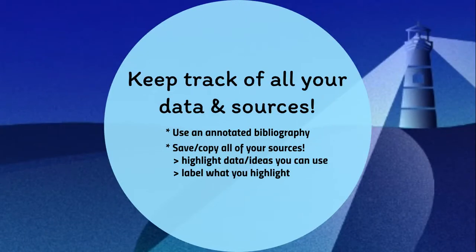Put it on your drive or print it. I don't care, but I want you to save a copy because you will be turning it in. As you find things that you can use, highlight it, and I want you to label what you highlight. Where do you plan to use it?